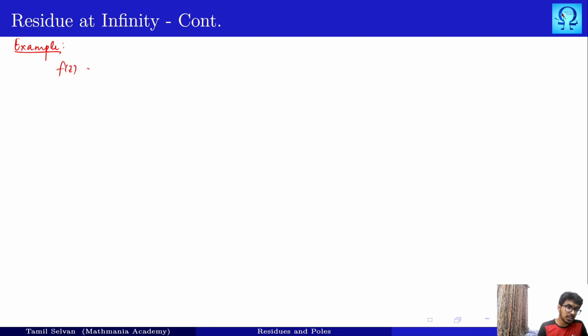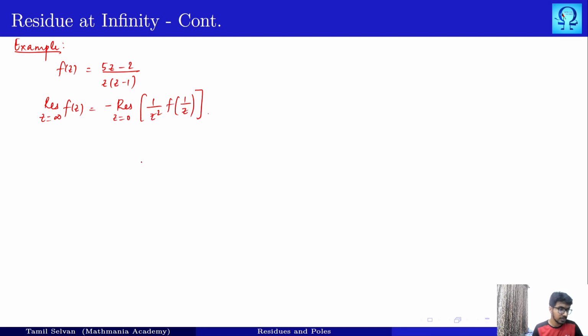Consider the function f of z equals 5z minus 2 upon z multiplied with z minus 1. We have seen it already in the previous example, where we calculated the Laurent series expansion and found the residue, everything, right? So now let us calculate the residue of this function at z equals infinity. That is minus the residue at z equals 0 of 1 upon z squared f of 1 upon z, right?